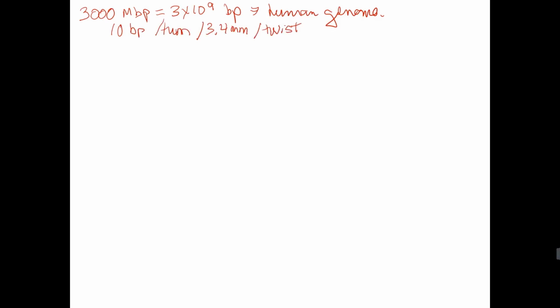Then the next thing I'll ask is, are we haploid or are we diploid? We are diploid. So that means we have 2 copies of the genome per cell. And if you actually do the math, that equates to 2 meters of DNA per cell.